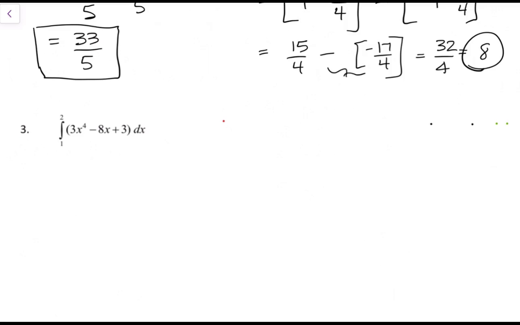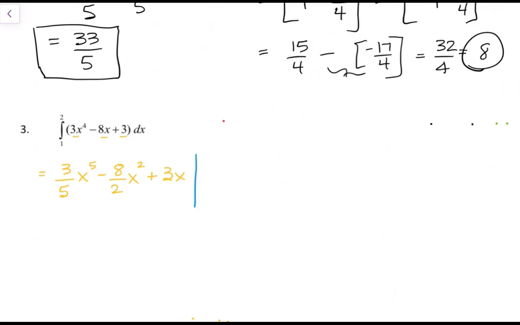So we're going to start by integrating each one of these terms in my integral. So I'm going to have coefficient over exponent plus 1, exponent plus 1, minus coefficient over exponent plus 1, plus, to integrate 3, we attach an x.